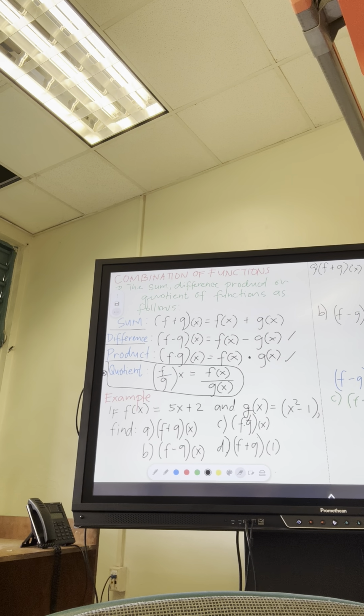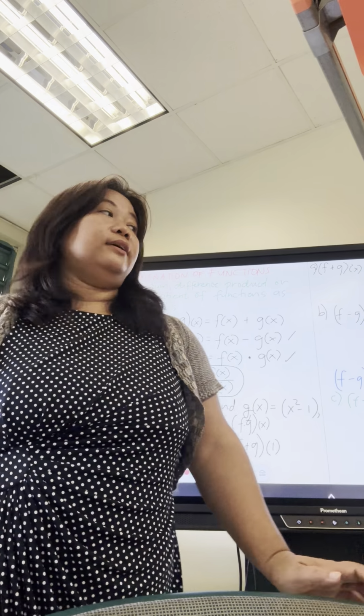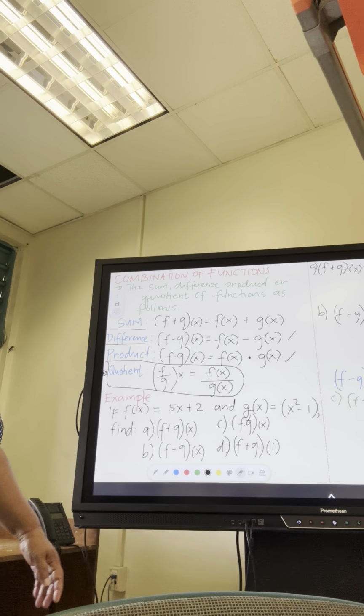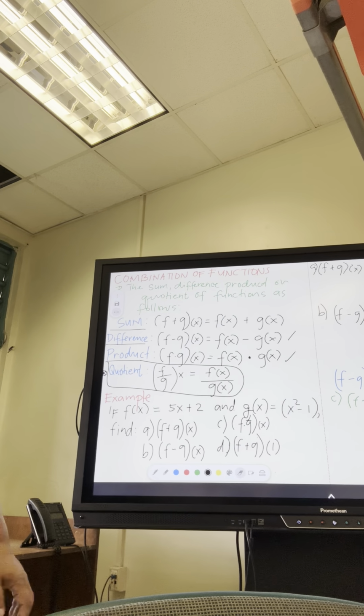What is next? Minus 2. Okay, so this is now your answer. So that is for letter C. How about in letter D? You need to evaluate the letter D.